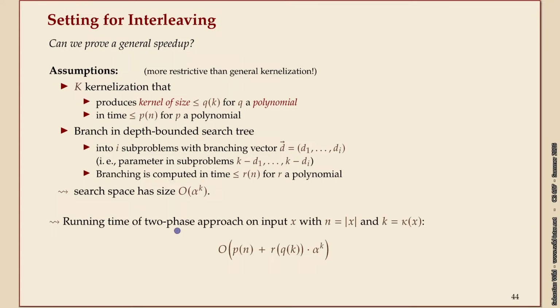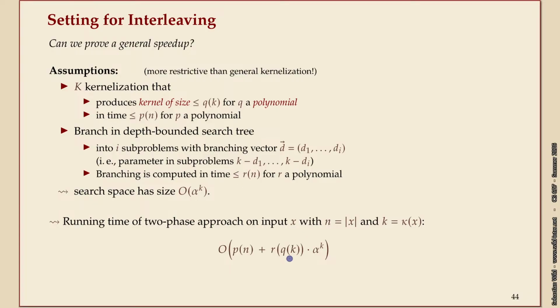If we now think about the variant A of the algorithm again, we first run the kernelization. That takes p of n time and leaves us with an instance of size q of k. Then we, for each recursive call, in the worst case, have to compute this r of n.